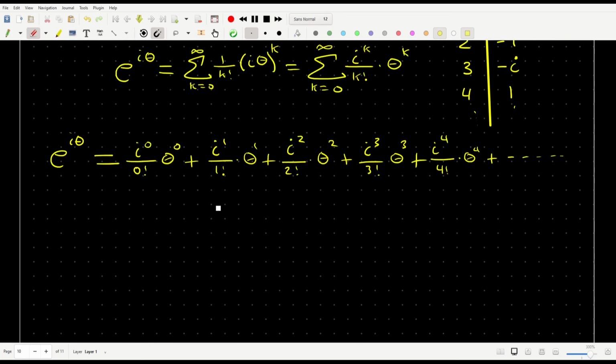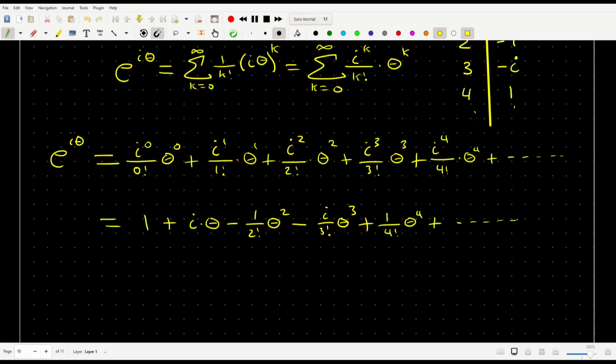And using the fact that these powers of i simplify very nicely, we have that this is going to be 1, plus i times theta, and then we'll have i squared is minus 1 over 2 factorial times theta squared, and we'll have minus i over 3 factorial times theta cubed, plus i to the 4th, which is just 1, so 1 over 4 factorial times theta to the fourth.